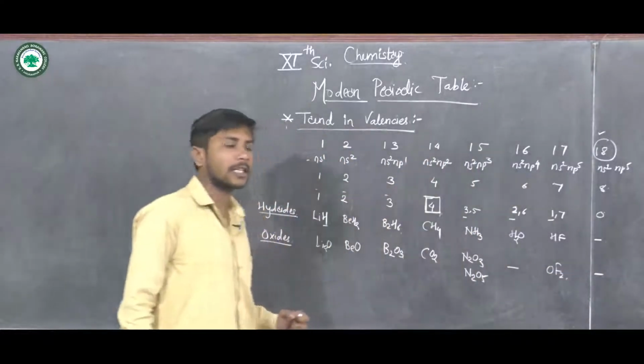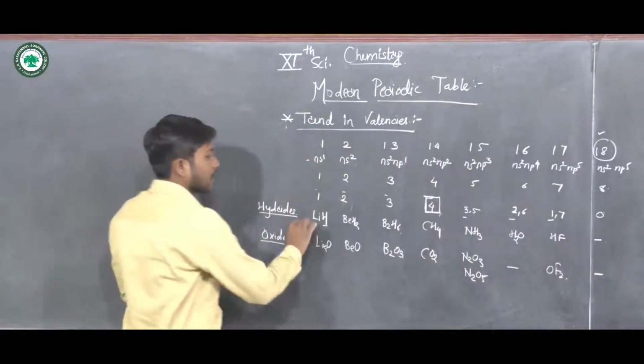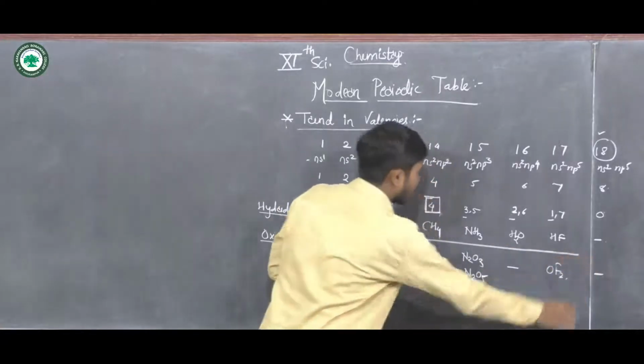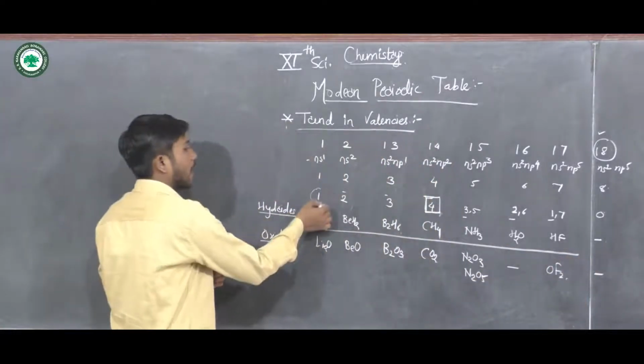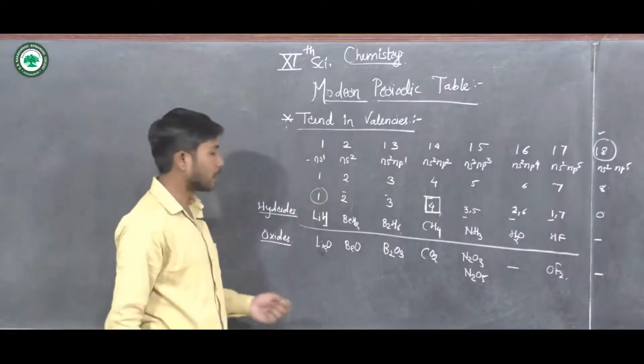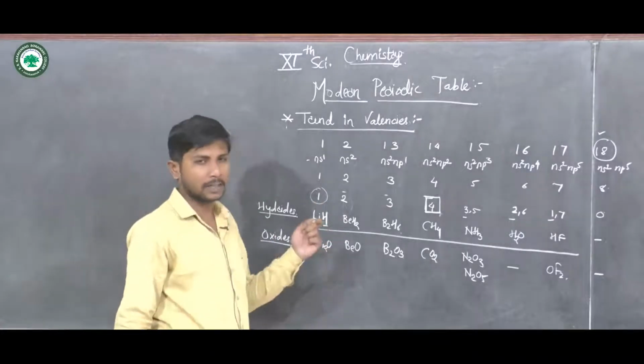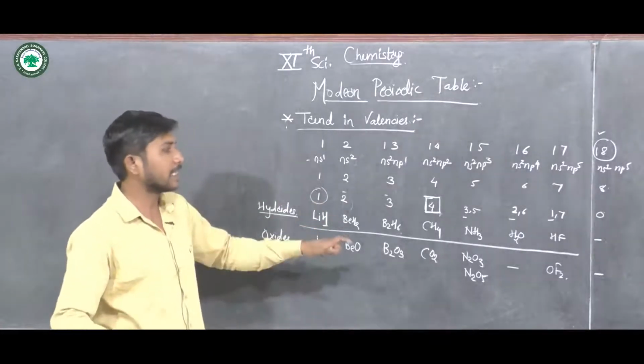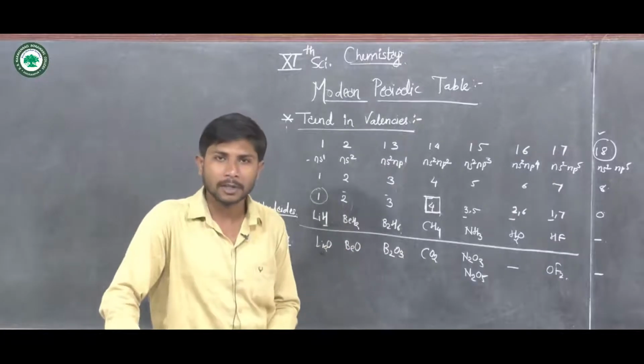These are some oxides and hydrides, by which we can conclude that the valency can be fulfilled by using hydrogen or on reaction with oxygen.